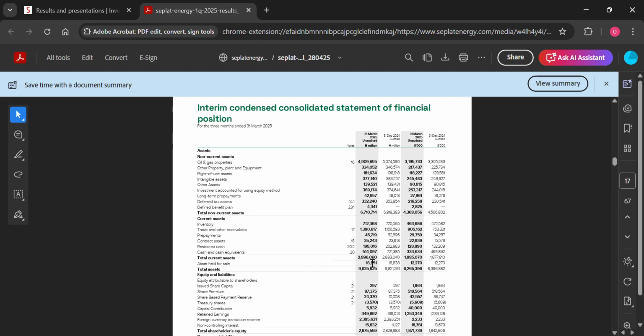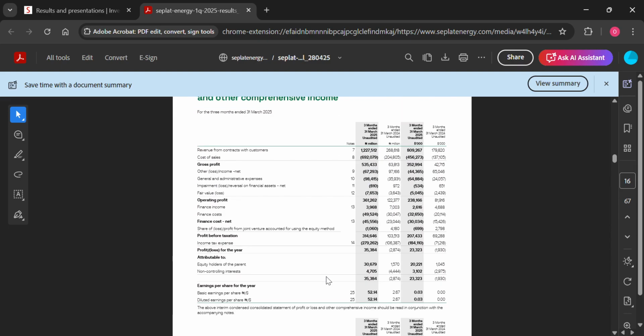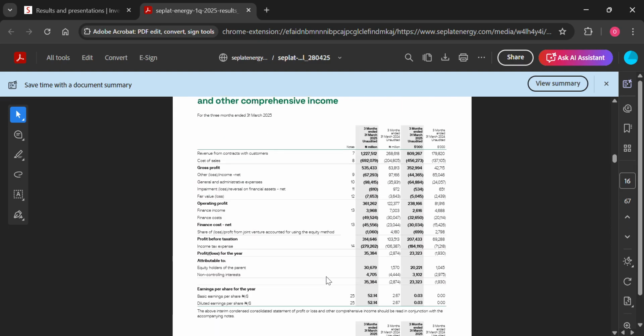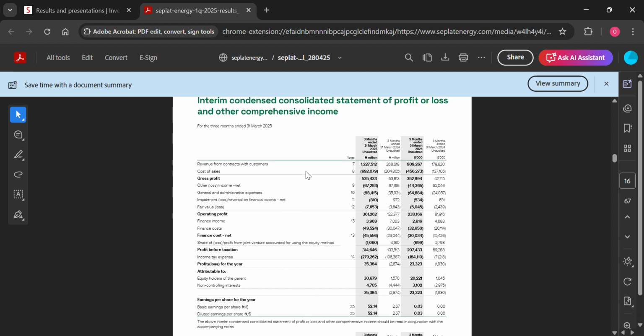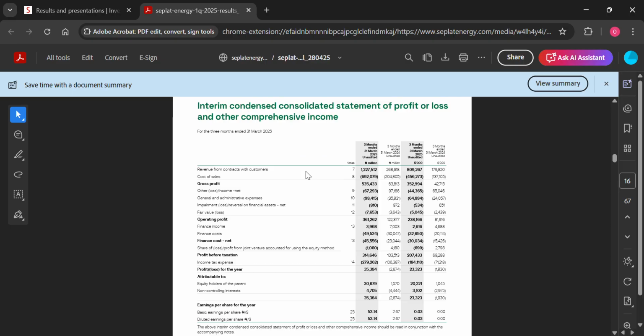Total current assets is this in naira, is this in dollars. But for P&L statements, it is for that period, January, February, March. For the period, this is the report, the statement of profit or loss.